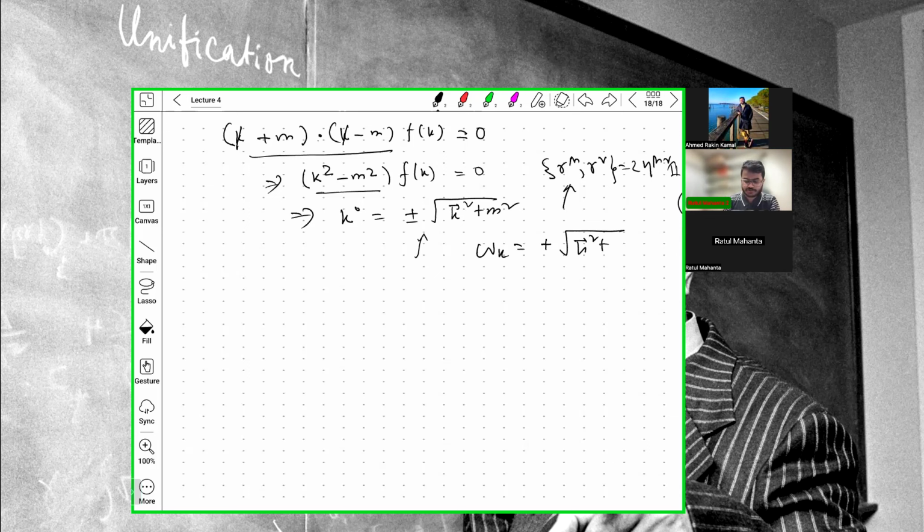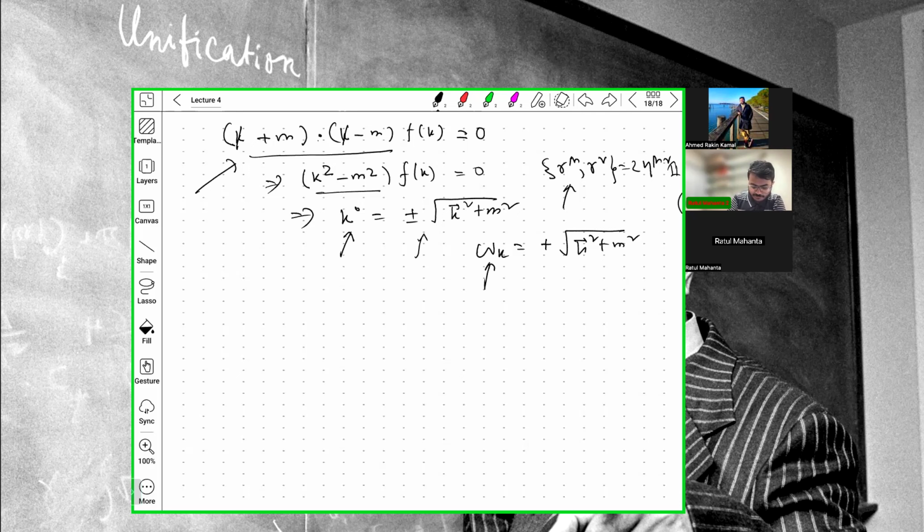But we will keep both the solutions, but always we will express things in terms of omega. But thing is that to get this equation, we have in a sense squared. We have multiplied by something. So are both of them valid solutions? Both the signs we have to justify.